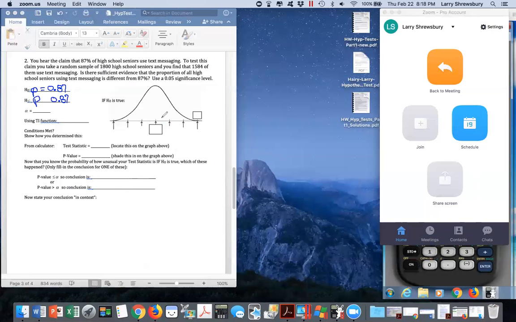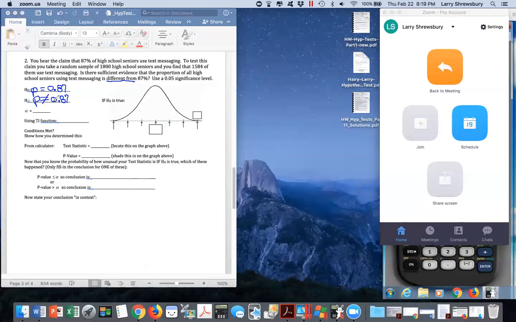Do we only care if it's less than, or only care if it's greater than, or do we want to know if it's either less or more? Well, what does the word different from tell you? You want to know if it's different, either significantly more or less. That's when we have the not equal. By the way, of all the three inequalities, this actually is the most common one.